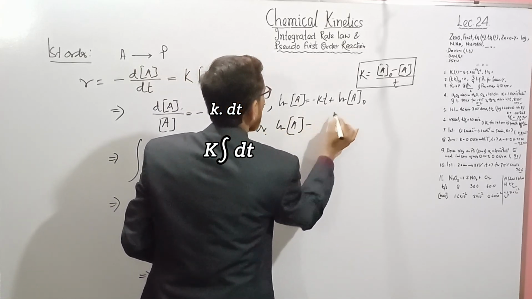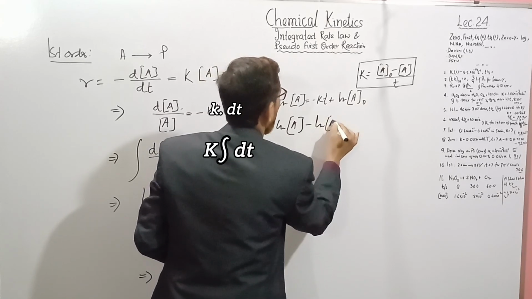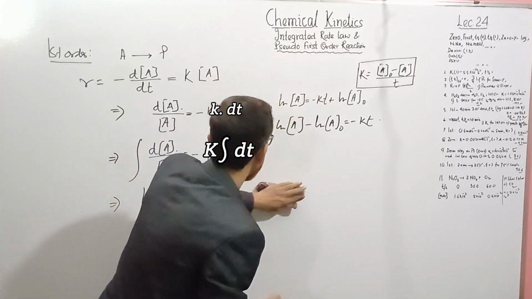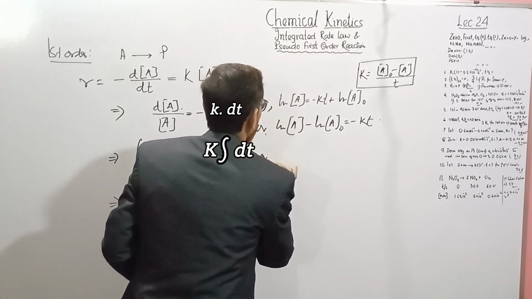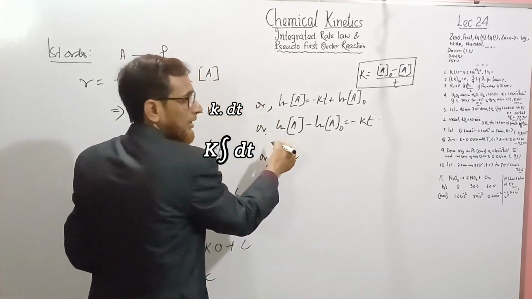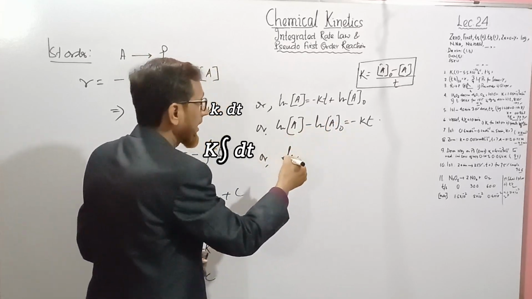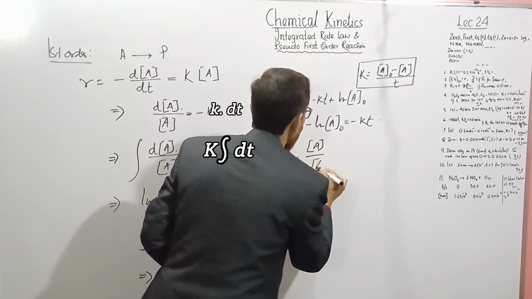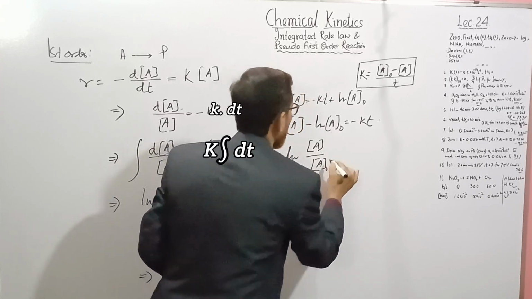We are taking both the ln parts to one side and kt to the right. So ln A minus ln B is equal to ln A by B.